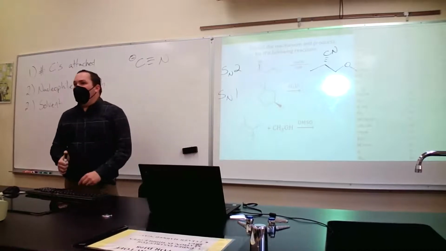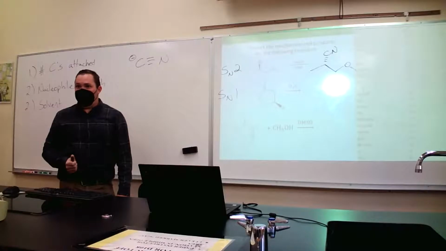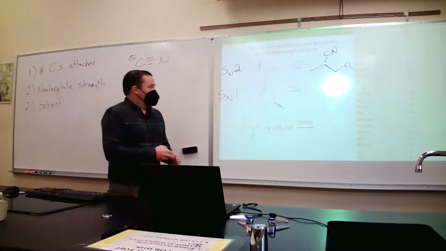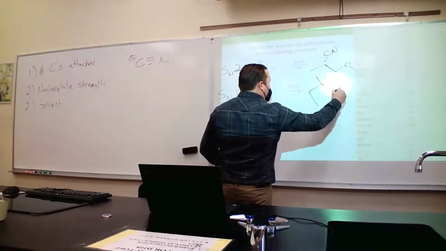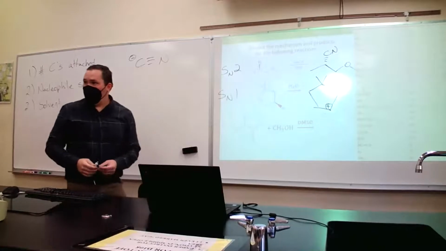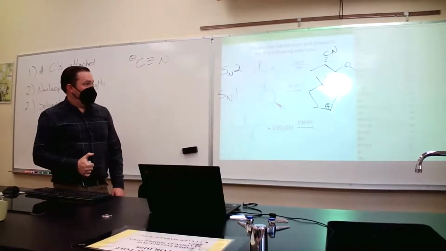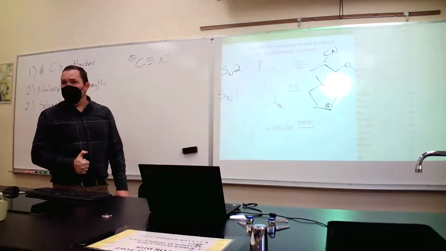Which means you might want to stop to draw the intermediate and make sure there's no rearrangements that could happen. So our intermediate here would look like this. Any rearrangements to worry about?